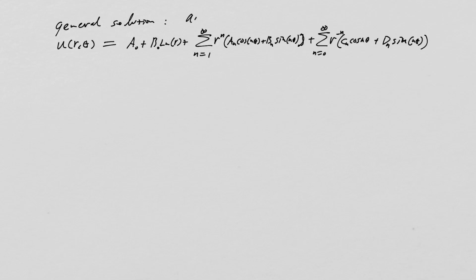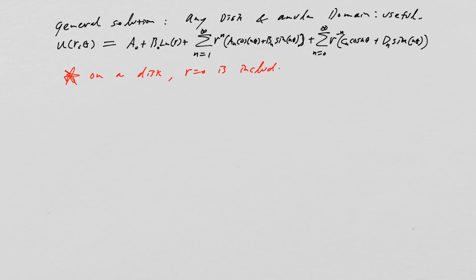Okay, and this is for any disk or annular domain. These are going to be useful. Okay, but this comes with the big caveat. First, on a disk, r equals 0 is included.